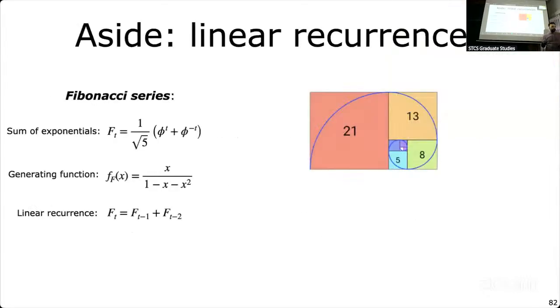Where would we have seen such a thing? The Fibonacci series is probably the most classical linear recurrence. We know the recurrence form, but its generating function is rational of degree 2, and it has a sum of exponential representation in terms of the golden ratio, right?